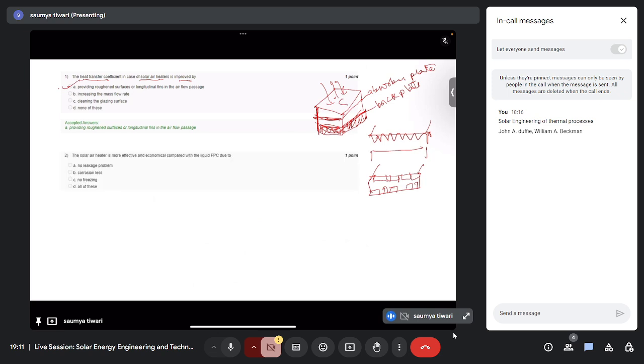Now the next question is, the solar air heater is more effective and economical compared with the liquid flat plate collector due to which of these options?